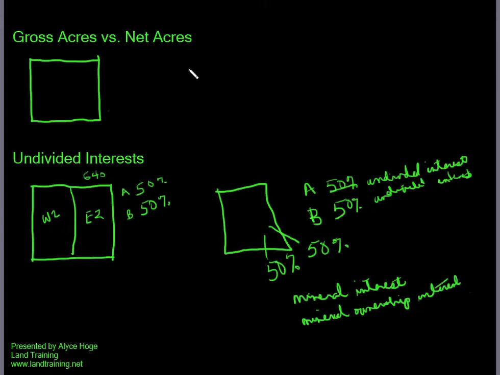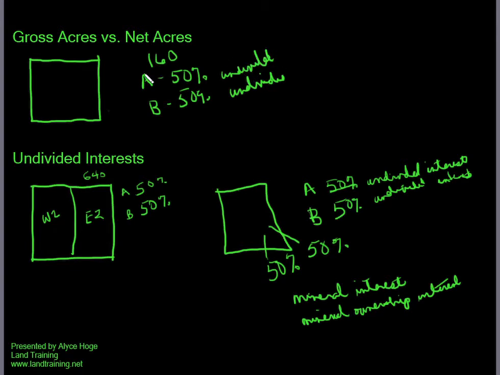So let's say we have a lease that is a 160 acre lease, and we have 2 parties. Party A owns a 50% undivided interest, and Party B owns a 50% undivided interest, meaning they each own 50% of the whole.